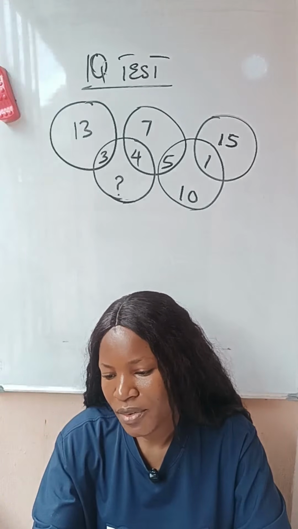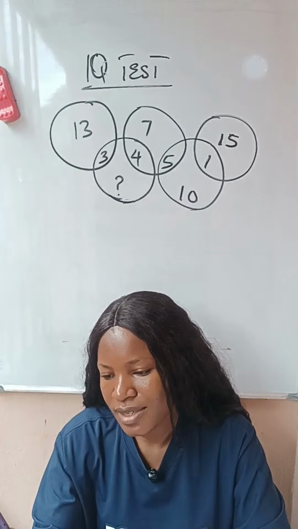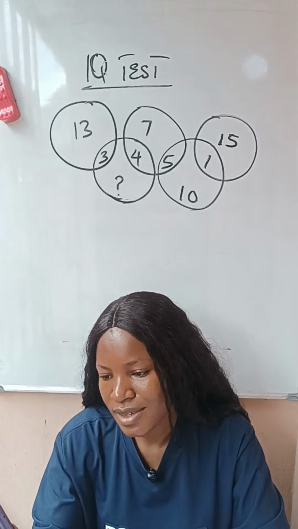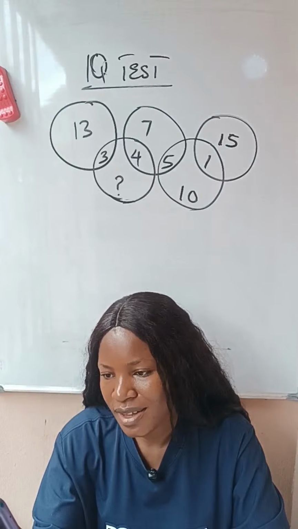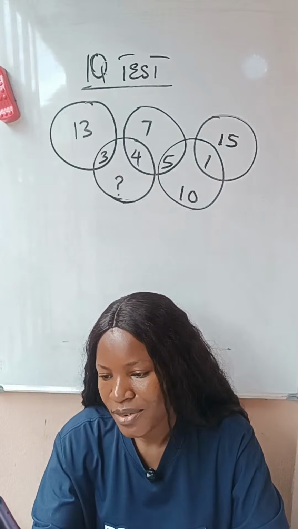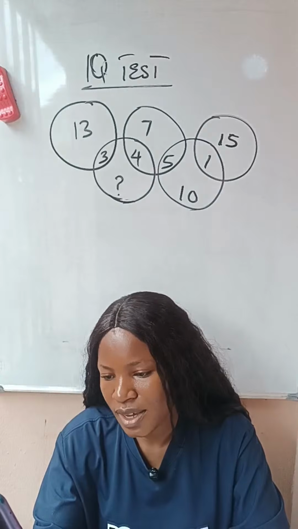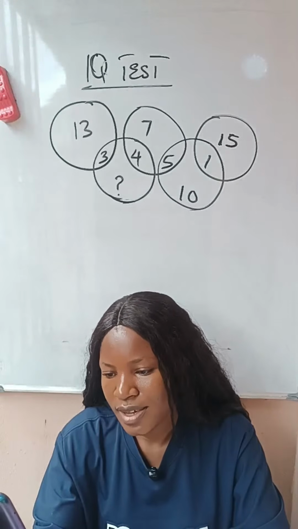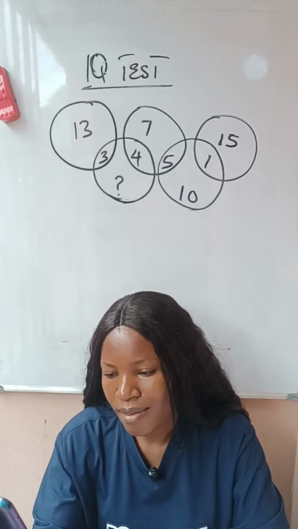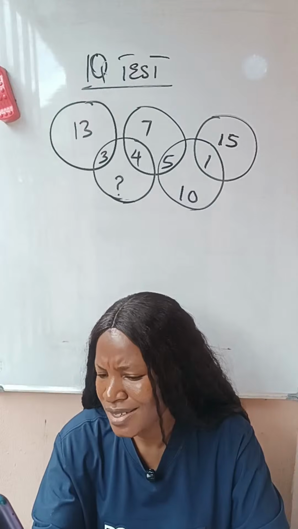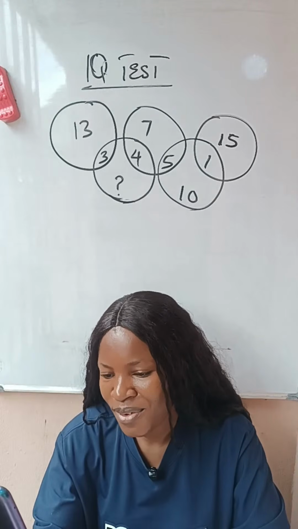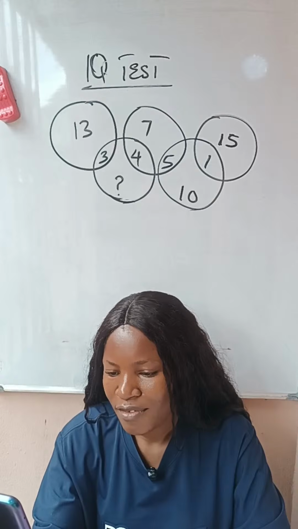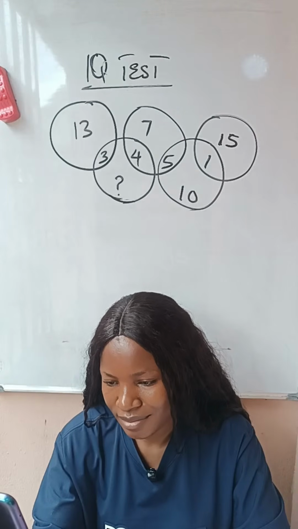Completely Rational wrote 16, 13, 3, 4, 5, 7, 1, 15, it's 9. Okay, saying the answer is 9. Jacko is saying 41, Jacko is saying 93. Jacko, what's your answer? Fire Leaves is saying 9. Okay.